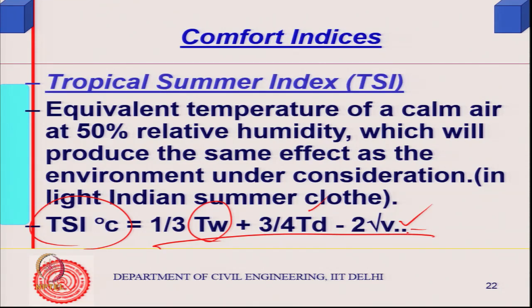It is approximately 1/3 TW, 3/4 T dry bulb temperature, plus 2 root V. Here TW is the wet bulb temperature, T is the dry bulb temperature, and V is the air velocity. This is what the TSI is.